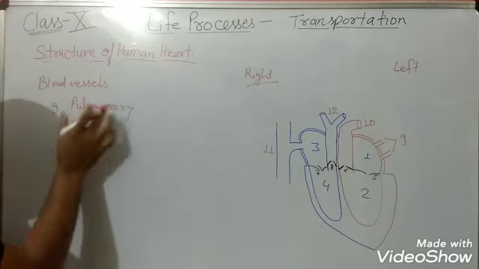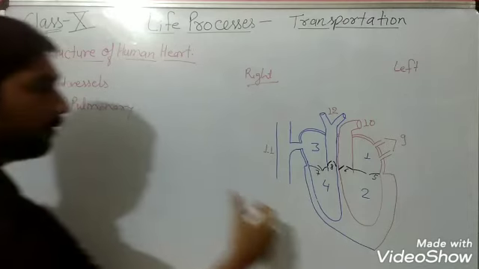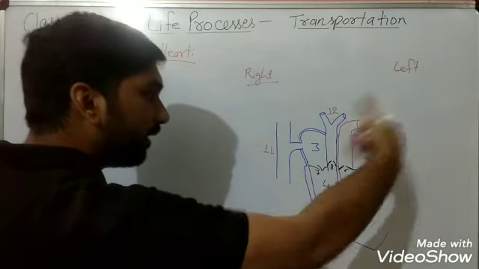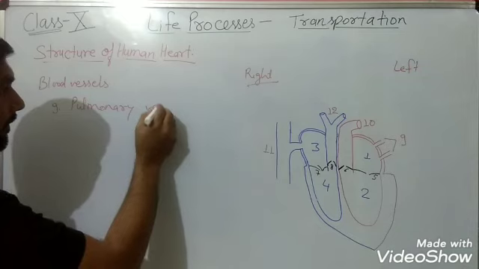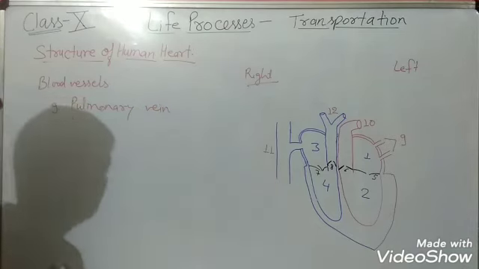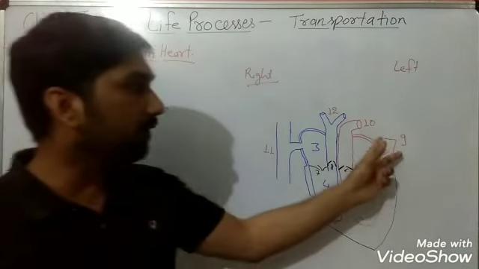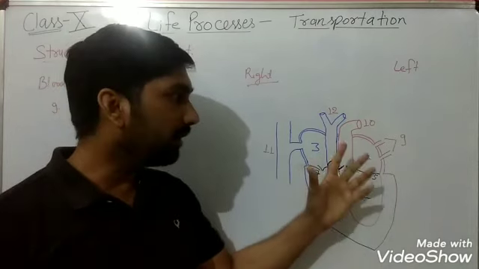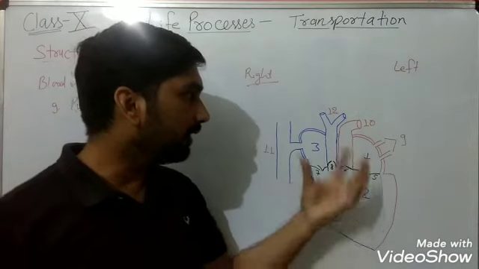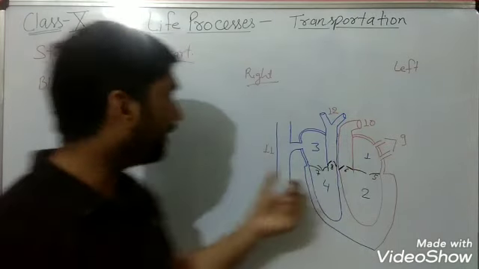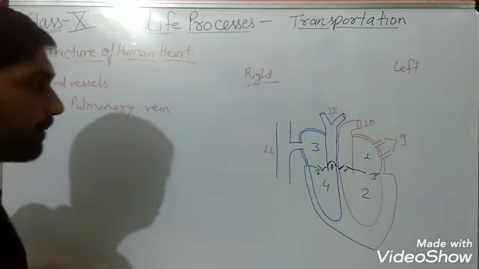Pulmonary means denoting the lungs, and the vessels that come towards the heart are known as veins. Actually there are 4 in number, 2 from each lung, and they are known as pulmonary veins.